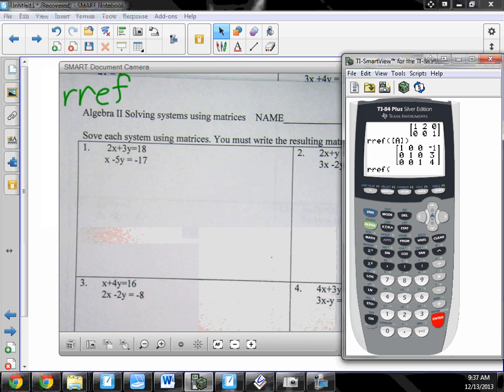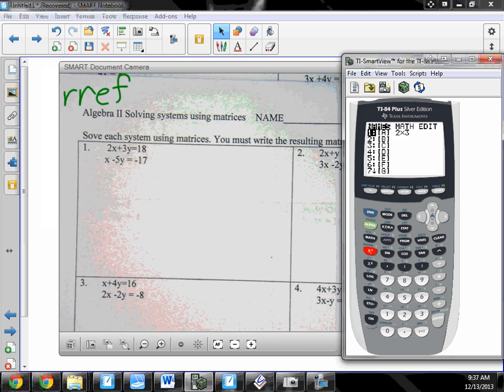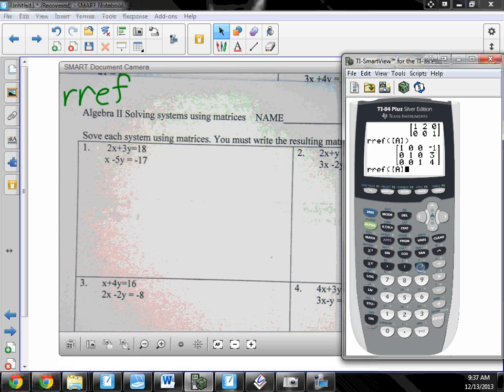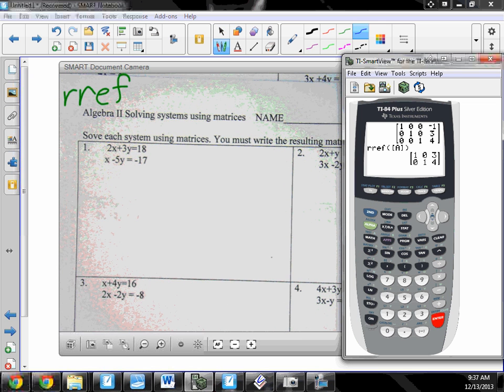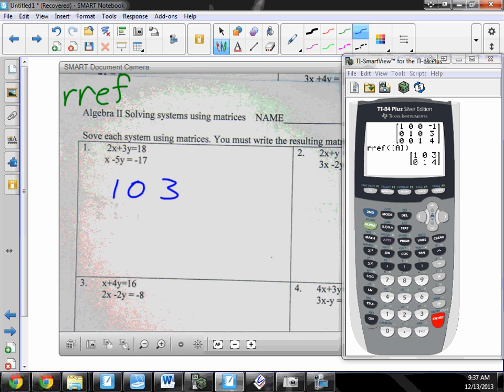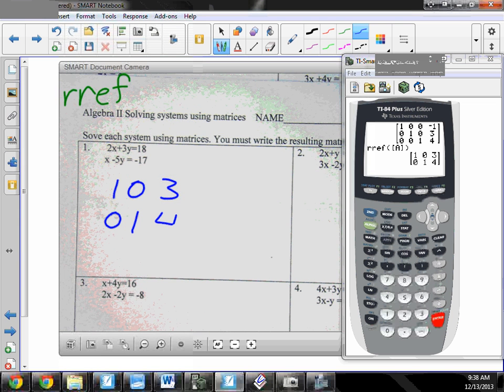So I need to go back in a 3rd time, second matrix, and I want to hit enter on A for names. Enter, and I get this: 1, 0, 3, 0, 1, 4. So you need to write down that matrix.